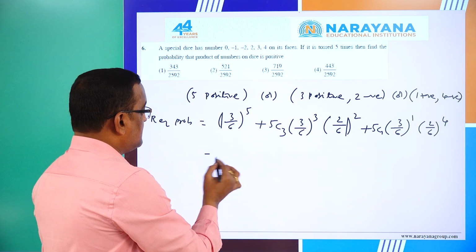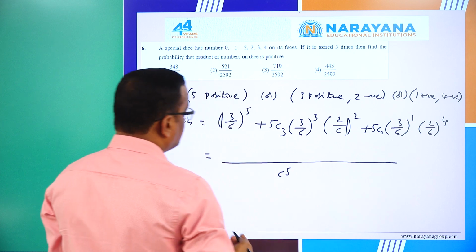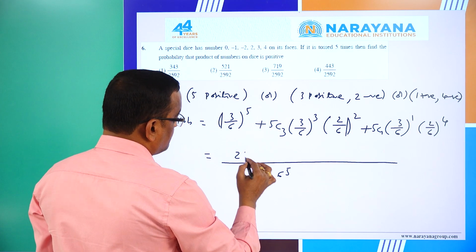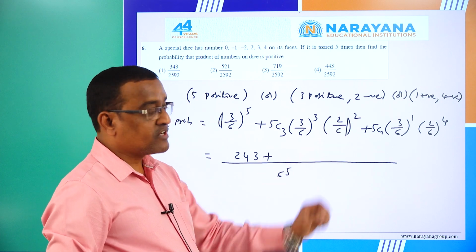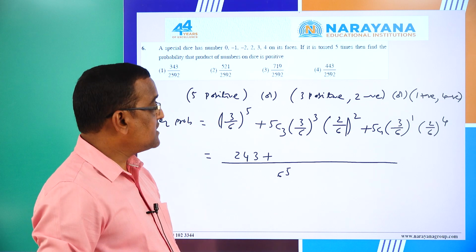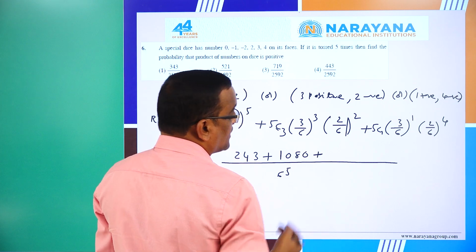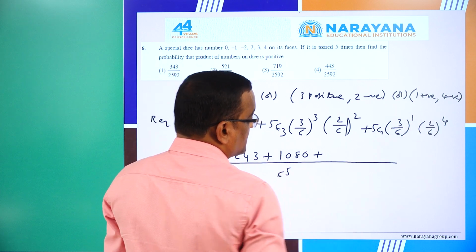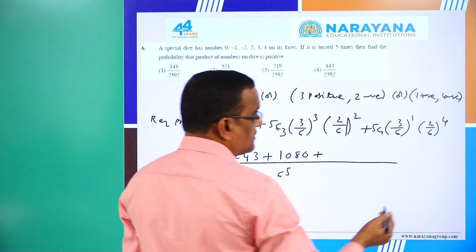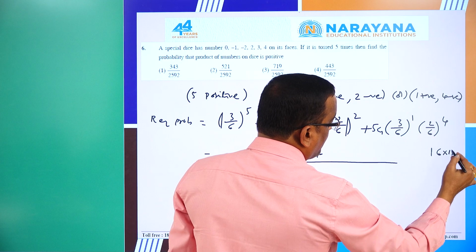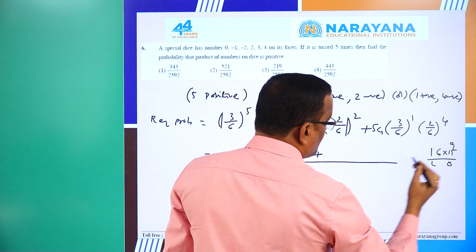To simplify this, the denominator is 6 power 5, and coming to the numerator, 3 power 5 is 243, plus 3 cubed 27, 2 squared 4, 27 into 4 is 108, 5C3 is 10, that is 1080, plus 3 into 2 power 4, 16 into 3 is 48, into 5, 240.